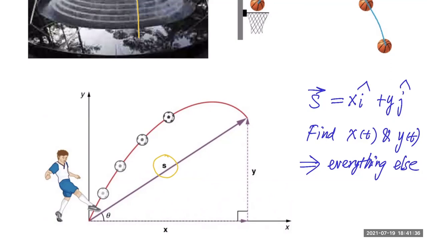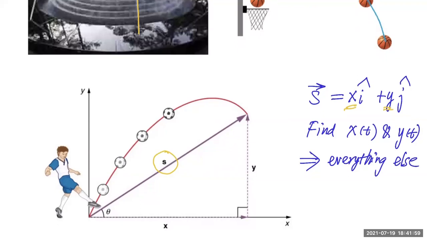Now, in order to find the information about s, I can find x first, then I find y using what we know about one-dimensional motion for x and y. And then we put them all together, we can get the whole picture, s, which is xi plus yj. And if you know s, you can find the velocity, you can find everything else you want to know. Okay, so that is the strategy we are going to follow.